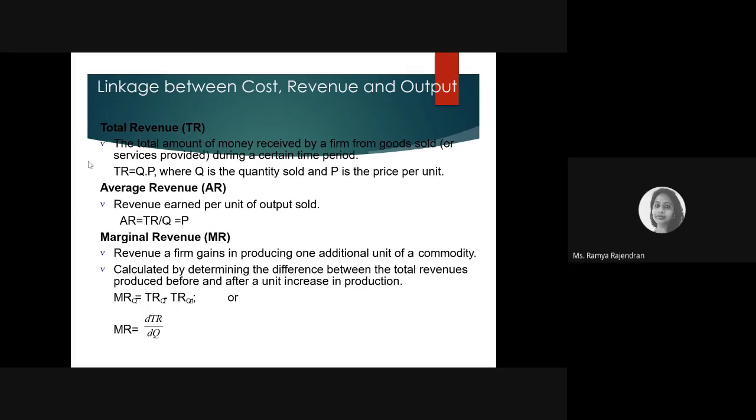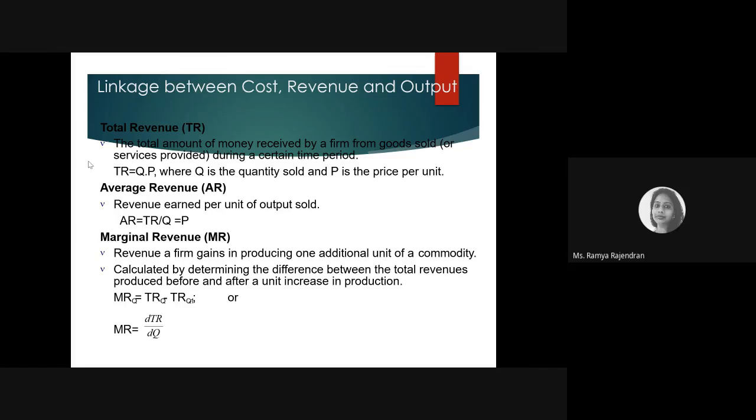Okay. Next, we'll talk about how total revenue, average revenue, and marginal revenue are related to each other. So you know total revenue, right? It's nothing but the total money received by selling all the goods. Okay, it's the total money the company has earned by selling the goods.